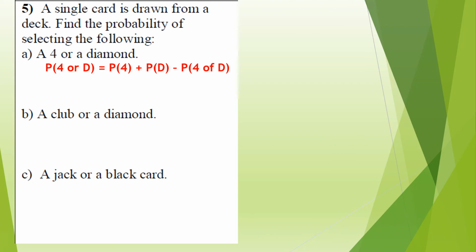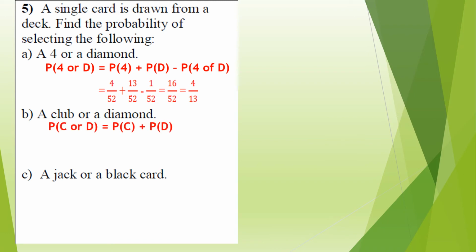So the probability that it is a 4 is 4 over 52 plus there are 13 diamonds, so plus 13 over 52, but we have counted 2 times. So minus 1 over 52 equals 16 over 52 equals 4 over 13.